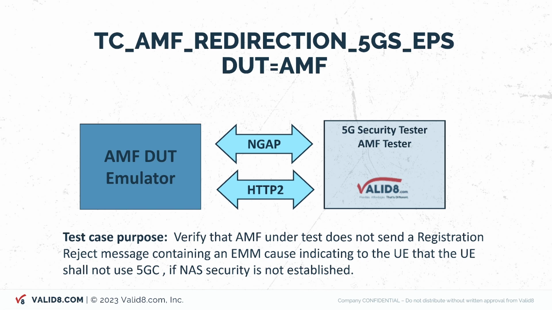The purpose of this redirection test case is to verify that the AMF under test does not send a registration reject message containing an EMM cause indicating that the UE shall not use 5G communications if the NAS security is not established. What we will see is a registration reject message sent after the NAS security mode command indicating not to use 5G.